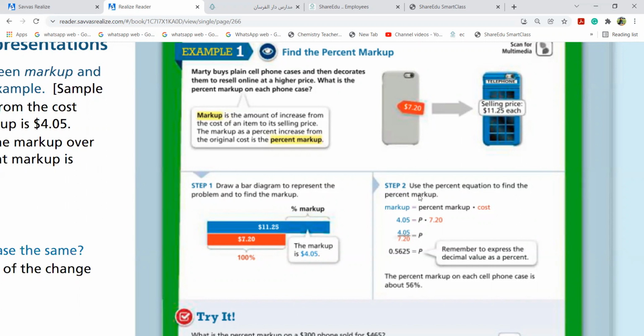You need to memorize this equation. If you want to find out markup, it is percent markup times the cost. So markup is actually 4.05. Percent you don't know. And what is the original cost?